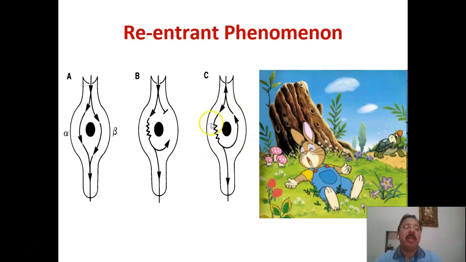So in simple words, the impulse from the ectopic focus enters through the slow pathway, and in the retrograde fashion it goes back towards this area where the fast pathways or beta fibers are in the refractory period, and once the refractory period is over, they start making a loop around the AV node.